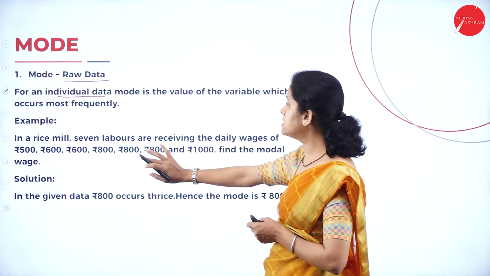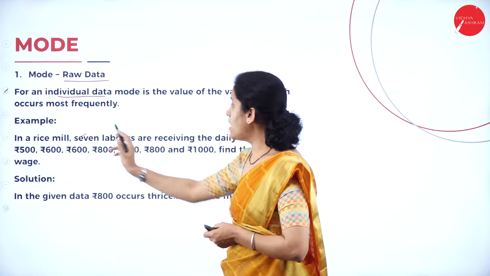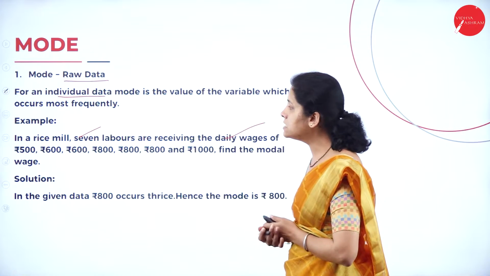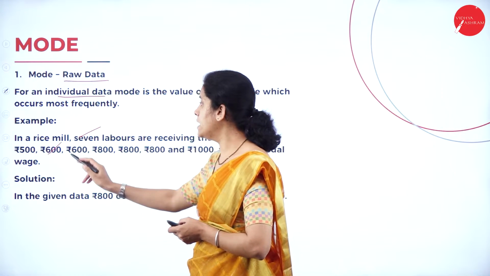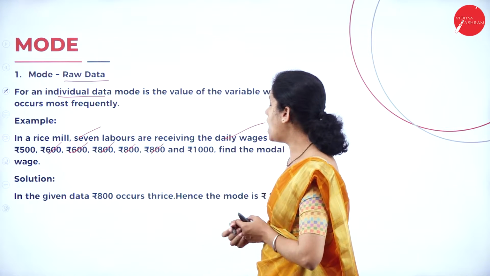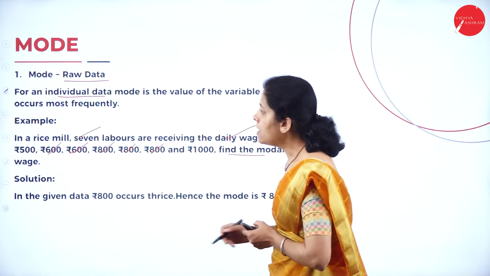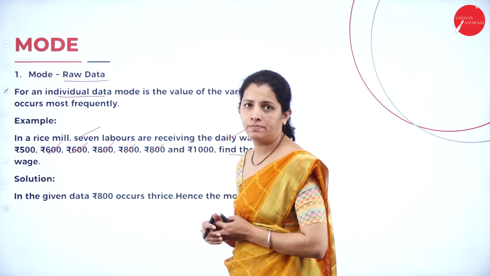Now consider this example. In a rice mill, 7 laborers are receiving daily wages of rupees 500, 600, 600, 800, 800, 800 and 1000. Find the mode wage.